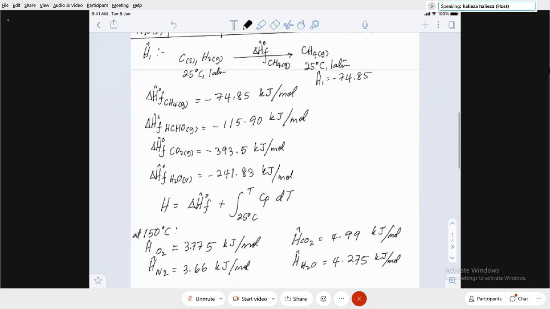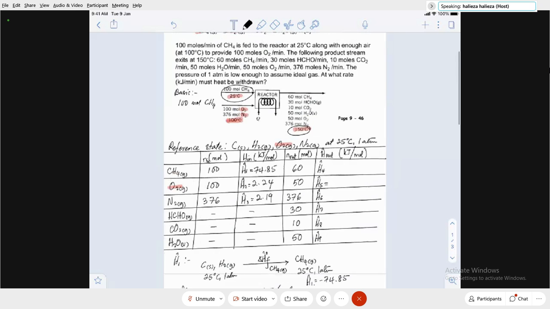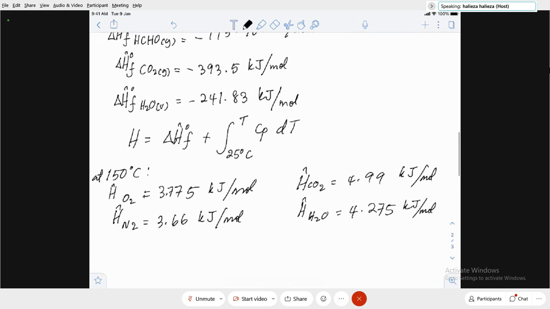So for oxygen, H5 is 3.775, isn't it? Okay. Is that correct, guys? Somebody respond. Yes. Okay. For nitrogen just now, after you have interpolated it, it's 3.66.